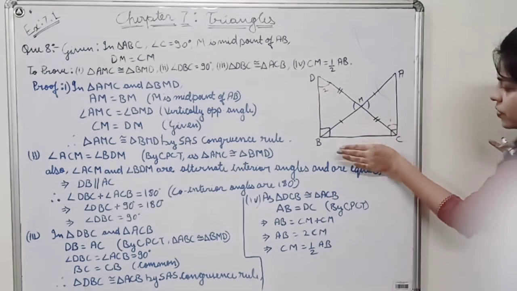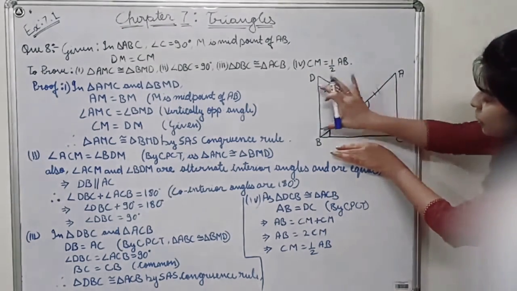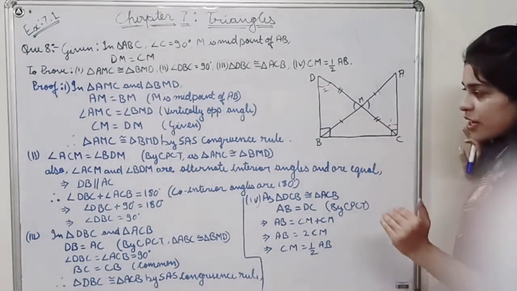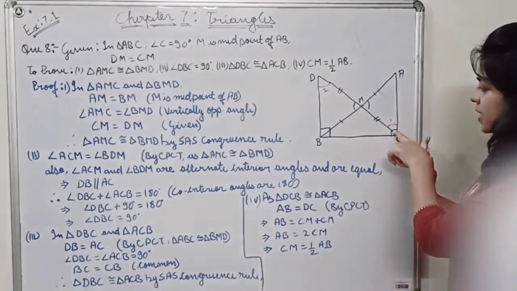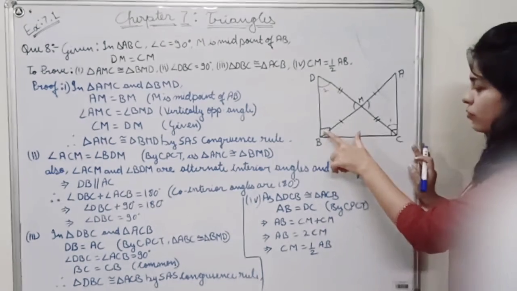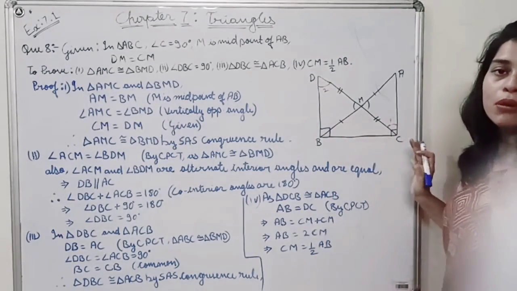If BC is the transversal and AC is parallel to BD, then the sum of this angle and this angle will be 180 degrees, and if this is 90, then this will also be 90 degrees.